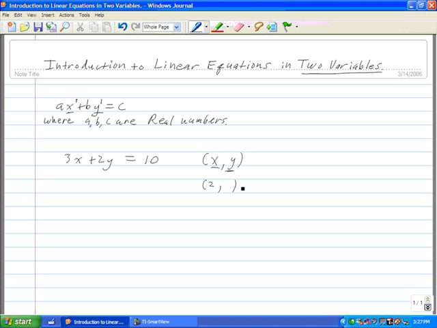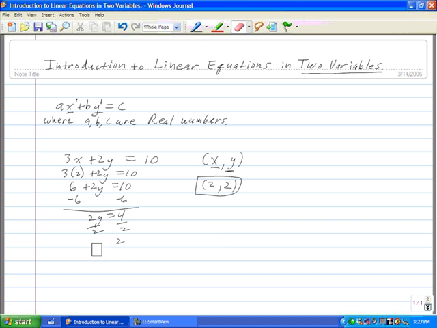I can plug that x value in, and when I do that, I'm left with only one variable that I can solve for. The second half of the solution is going to be the y value, and this constitutes one solution to this equation. Now, is it the only one?